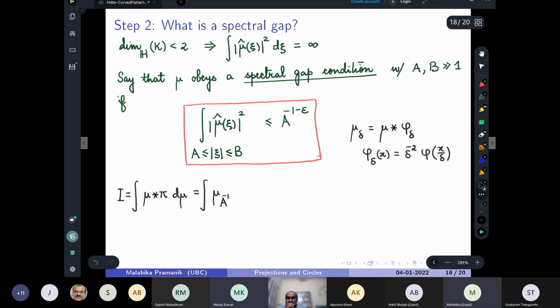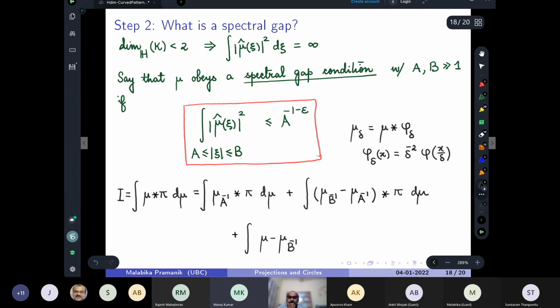So I'm going to write this as mu sub A inverse convolved with pi d mu, plus the integral over mu sub B inverse minus mu sub A inverse convolved with pi d mu, and the tail, mu minus mu sub B inverse convolved with pi d mu.